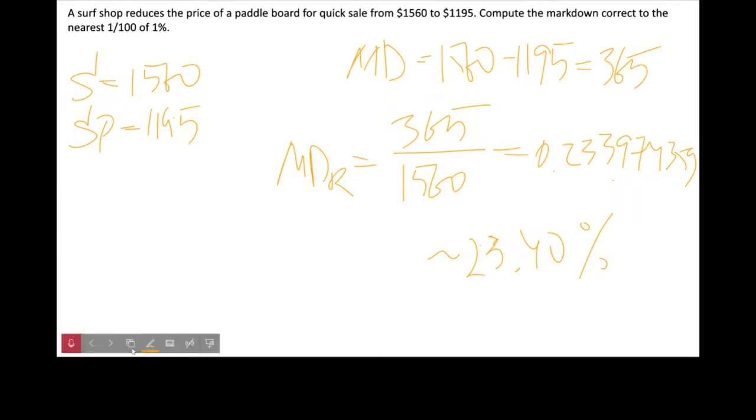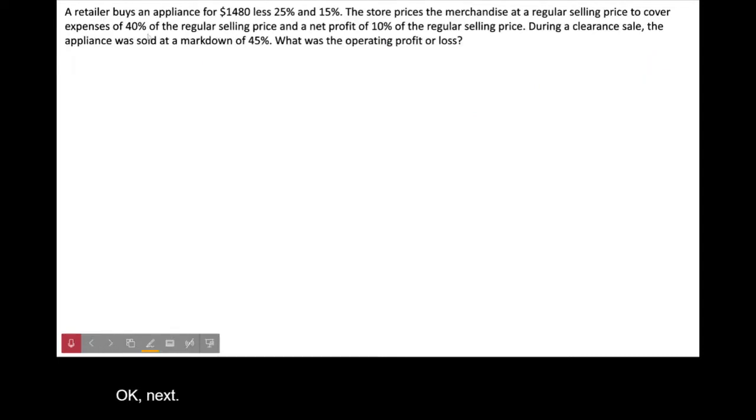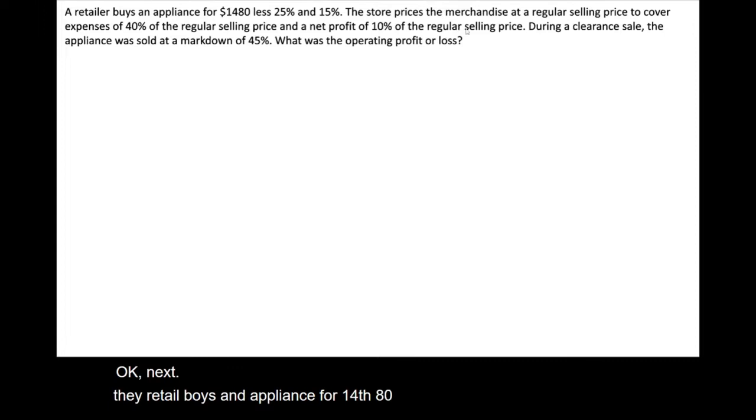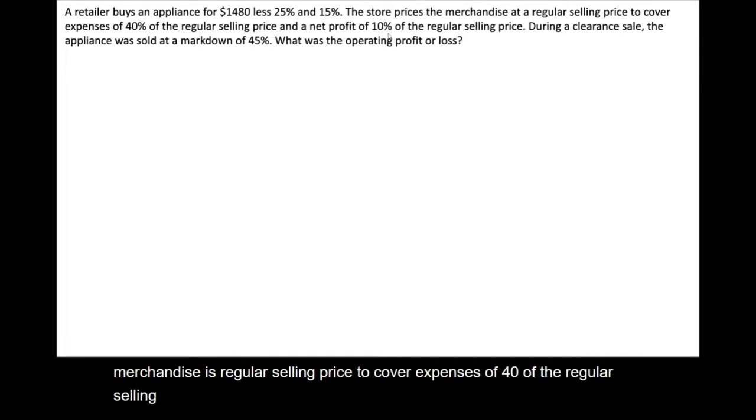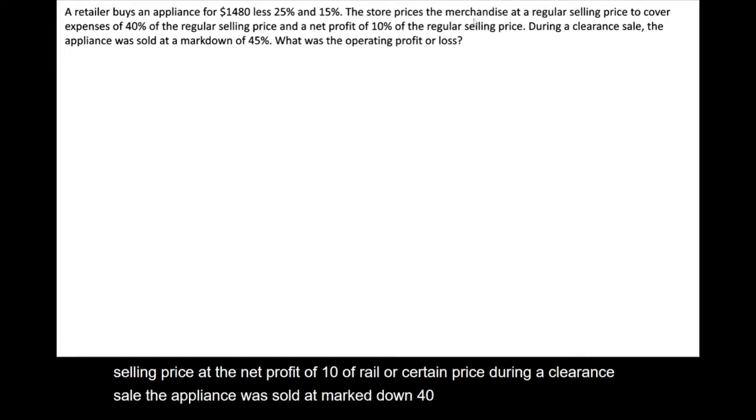Okay. Next. A retailer buys an appliance for 1480 less 45 and 15. The store prices the merchandise its regular selling price to cover expenses of 40% of the regular selling price and a net profit of 10% of regular selling price. During a clearance sale, the appliance was sold at markdown of 45%. What was the operating profit or loss?